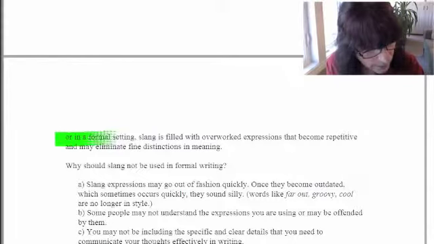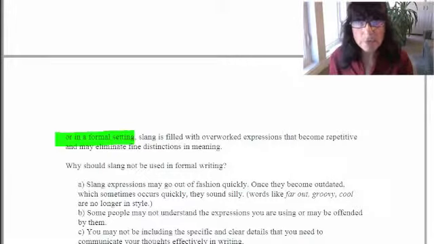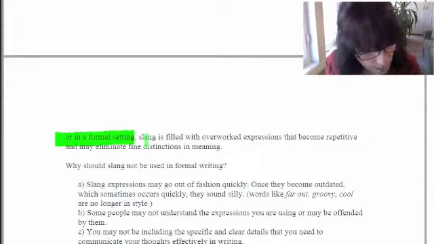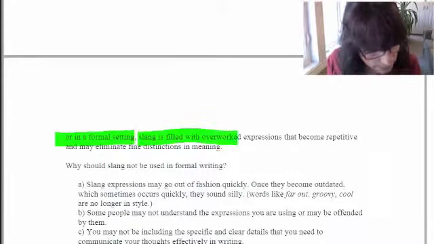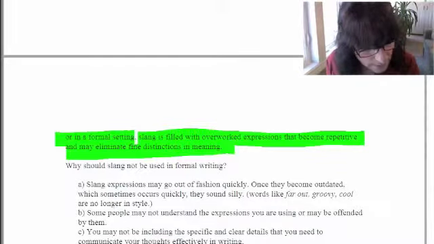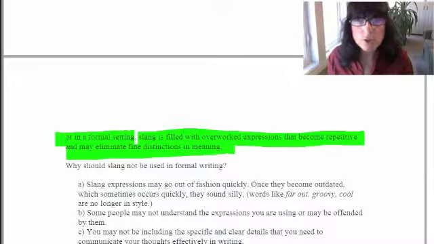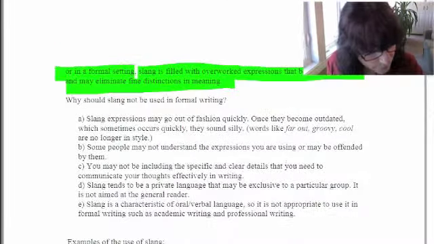However, in writing or in a formal setting, in a business setting, if you're writing a business letter, if you're going for a job interview, you want to eliminate the use of slang because it's filled with overworked expressions. They're expressions that become repetitive, and they also can eliminate some fine distinctions that you're trying to make to impart in your meaning, the thought that you're trying to convey.